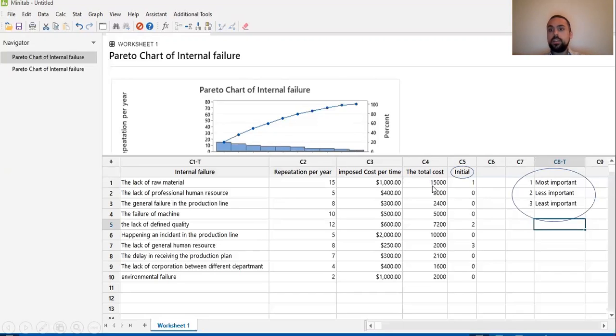It means that the highest one is the most important for me, the middle one is the less important, and the last one is the least important for me. But probably if I impose according to just cost per time, my result was different. But the most important factor was the total cost. So I assigned according to the total cost.